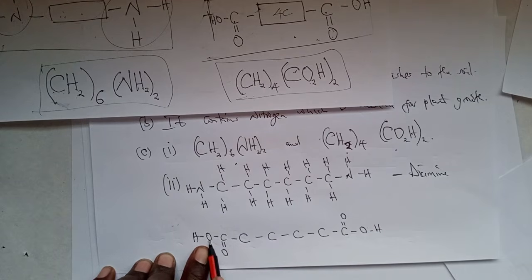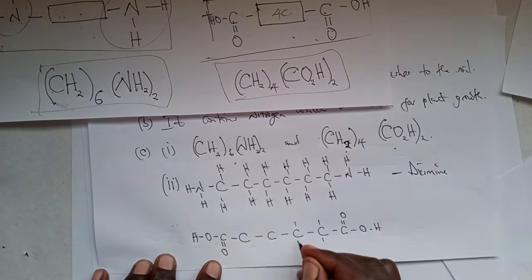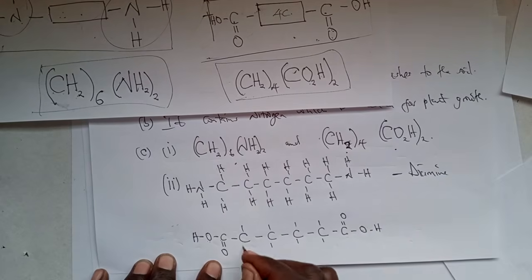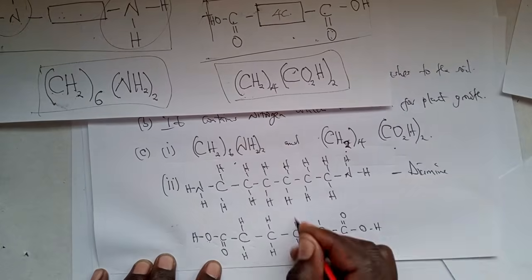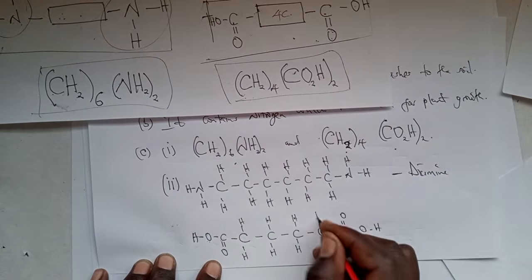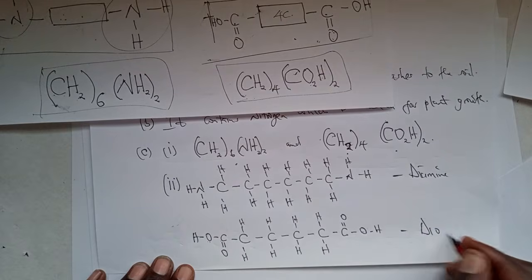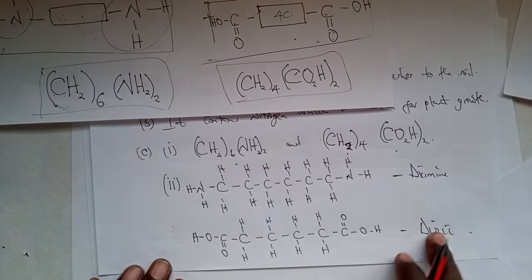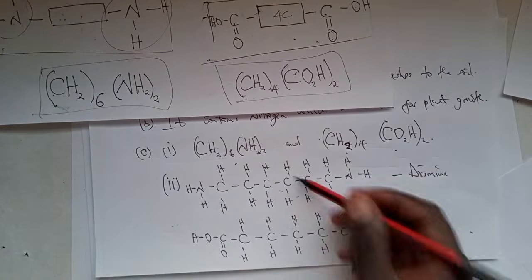I'm showing the O bonded to the next carbon, even this side. Then you show all the hydrogen atoms bonded to each and every carbon that is present. And this is dioic.